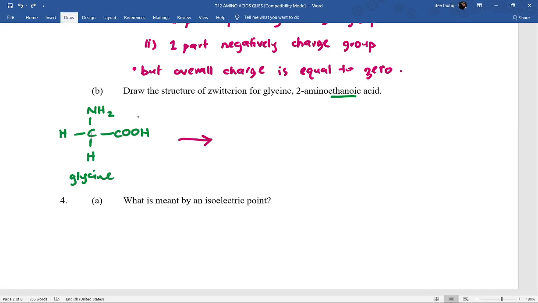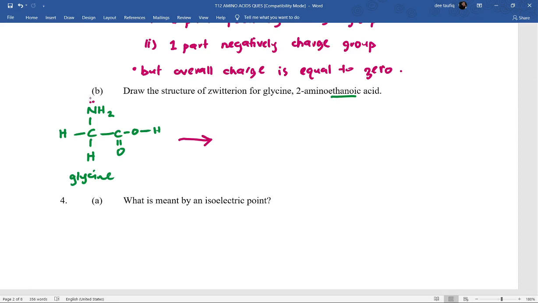Saya buat bonding. Double bond O, single bond O, single bond H. Tapi yang ni awak tak payah tunjuk lah. Saja saya ni sekadar nak tunjuk saja, tapi awak tak payah buat dalam exam.